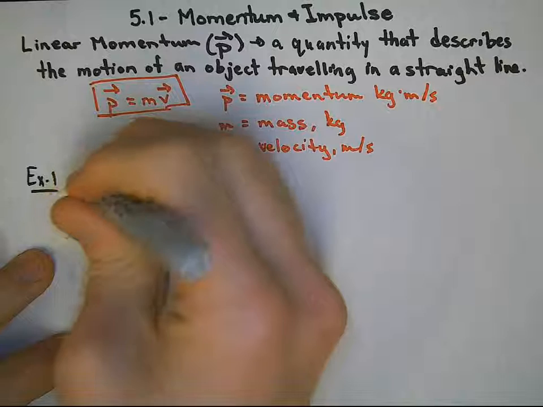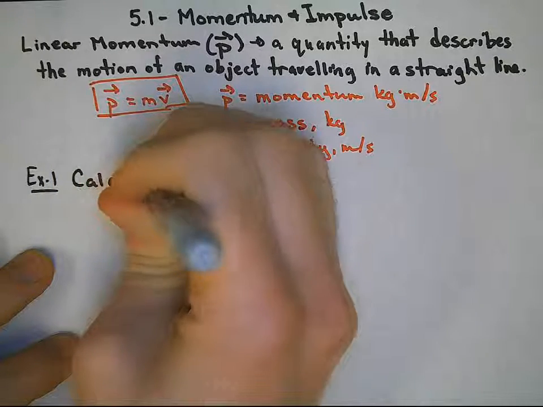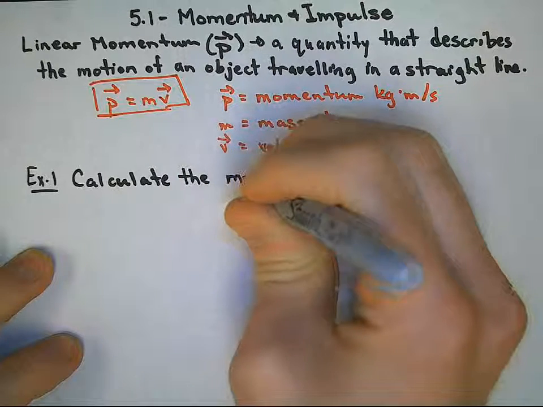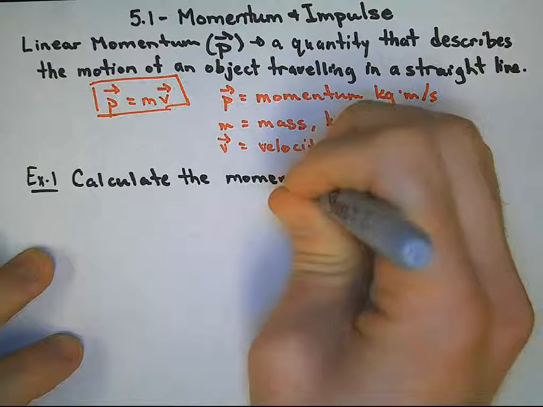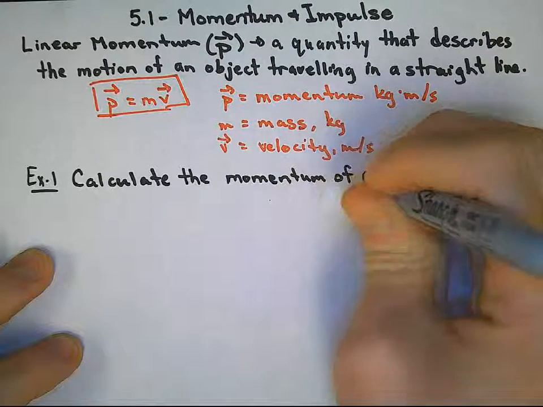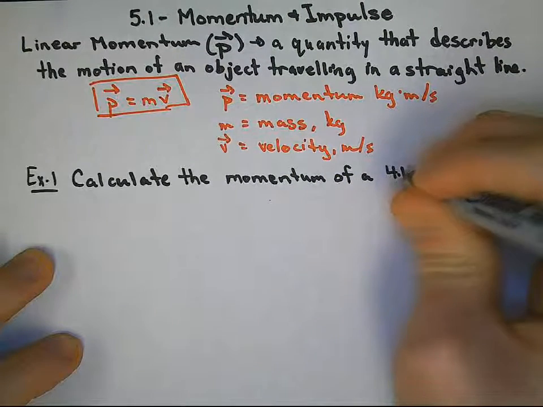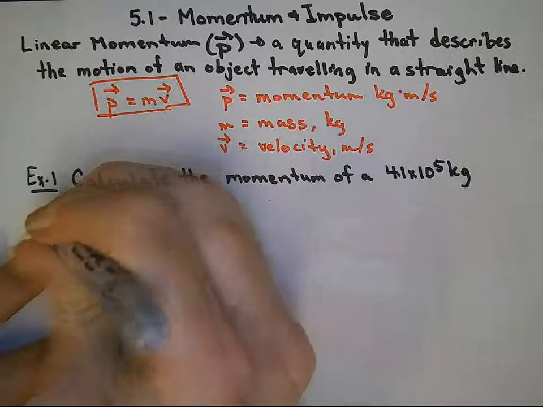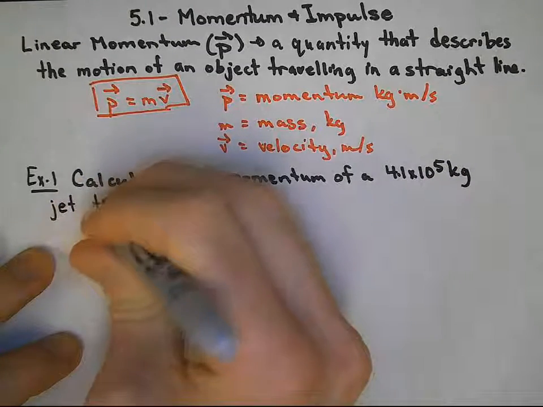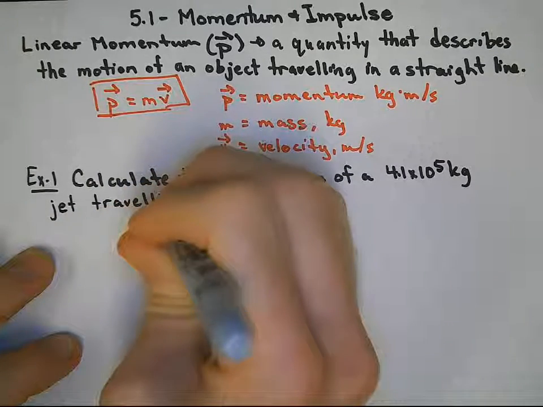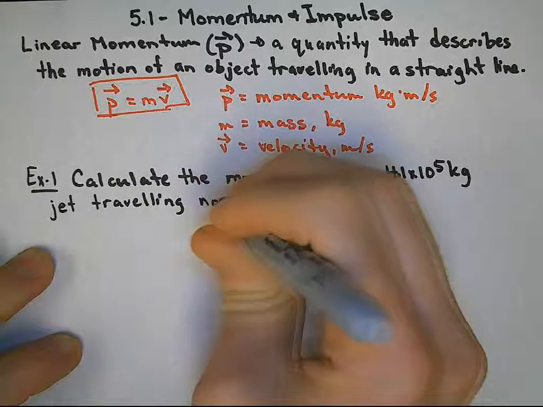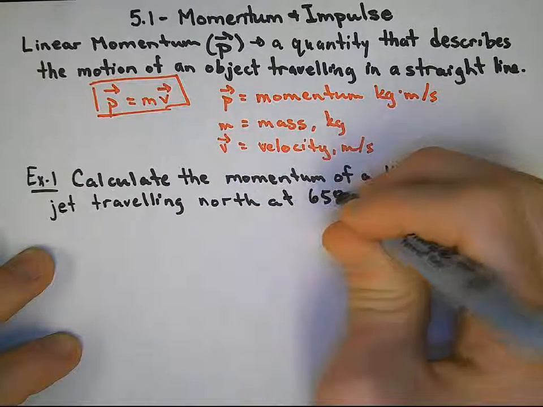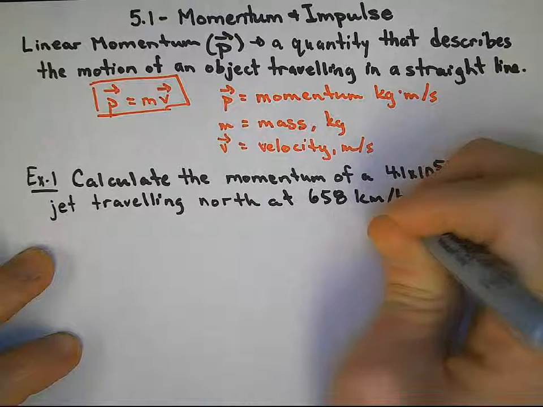We are going to calculate the momentum of a 4.1 times 10 to the 5 kilogram jet traveling north at 658 kilometers per hour.